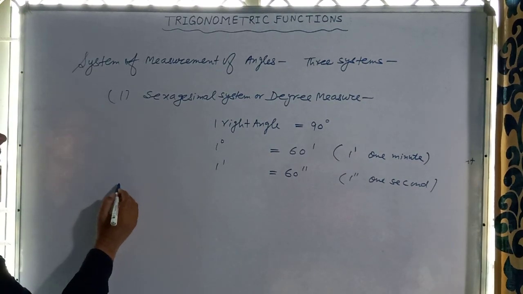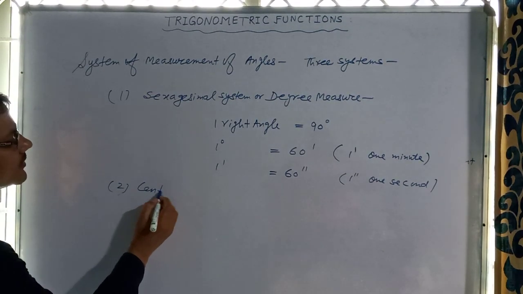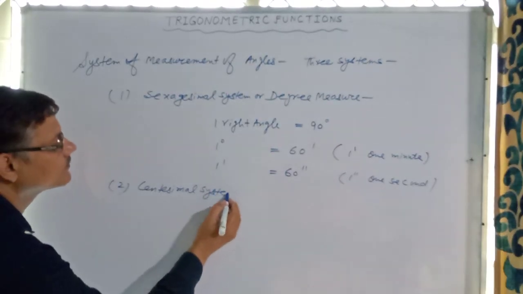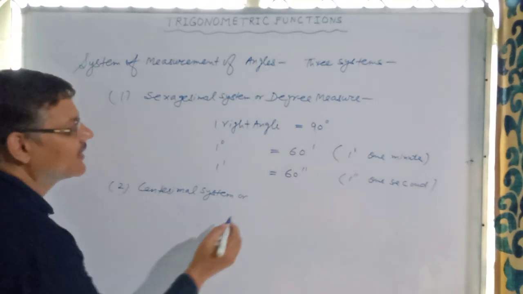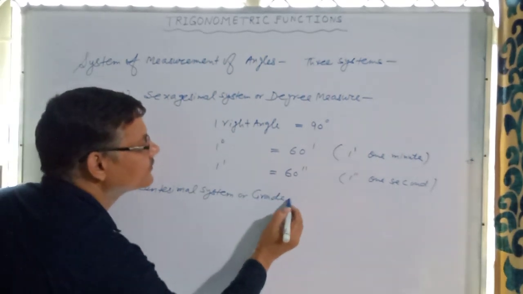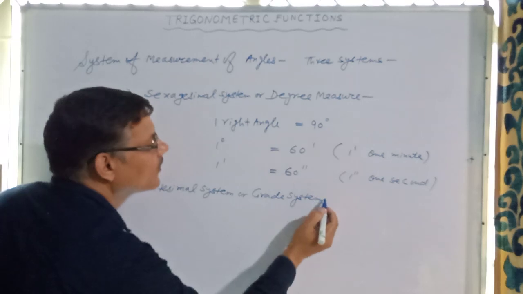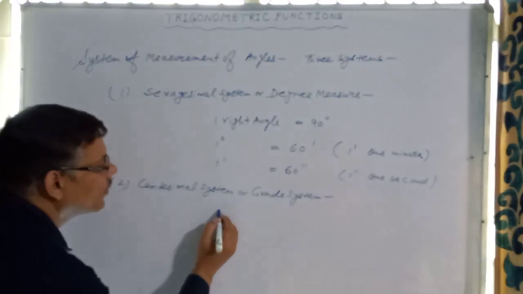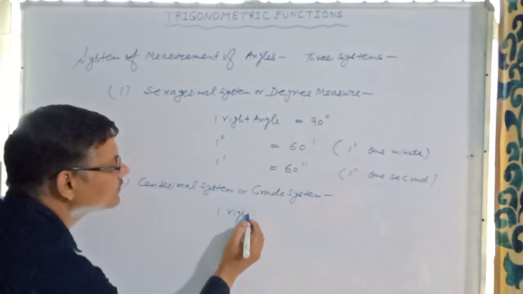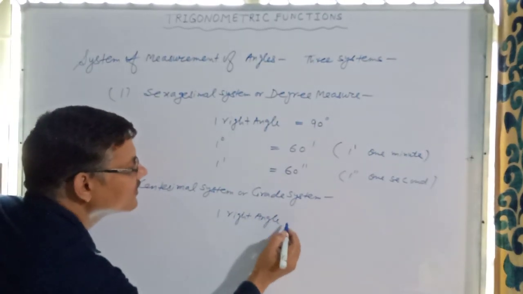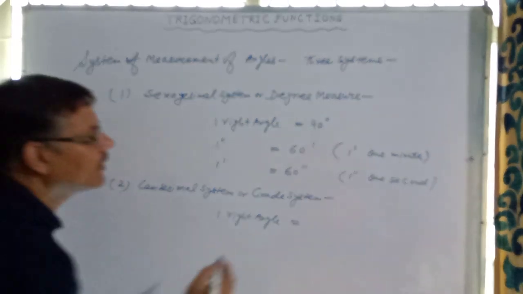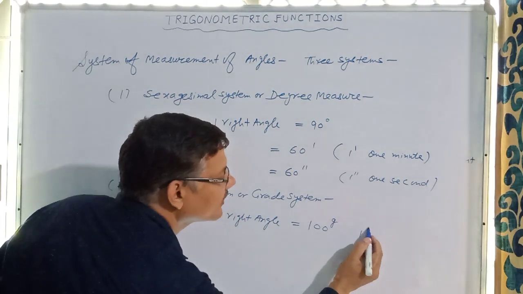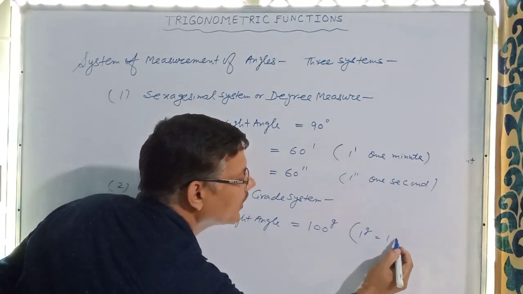One more system is there, that is the centesimal system, or we can say grade system, or we can say French system. In this system, one right angle is divided into 100 equal parts and each part is called 1 grade.